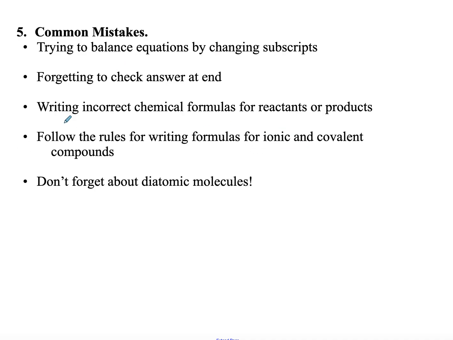So some common things that kids do wrong is they try to balance equations by changing subscripts instead of coefficients. Remember, when you balance equations, you only put the number out front. If you figured out that magnesium chloride is ionic and magnesium makes +2 and chlorine makes -1 and you crisscross them and this is your formula, do not change that.